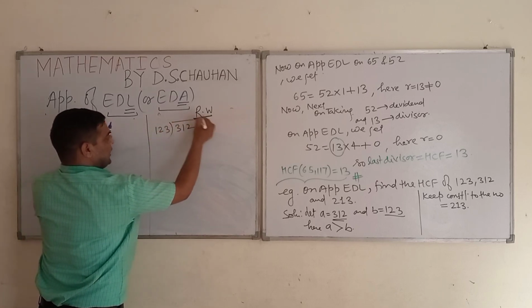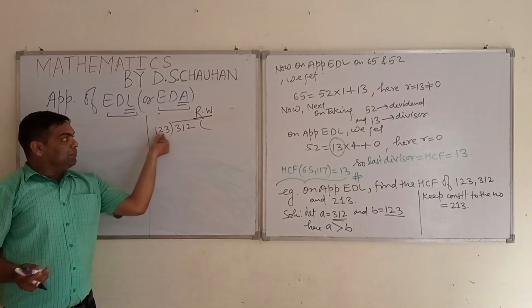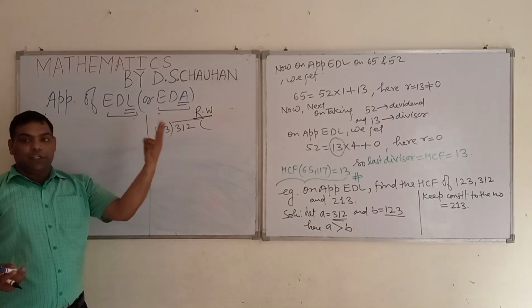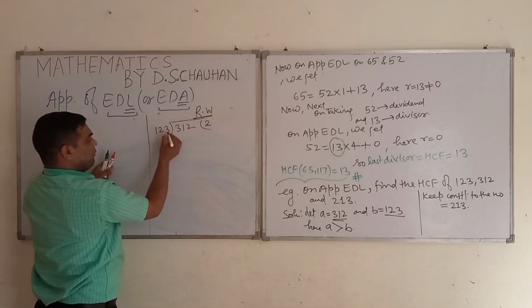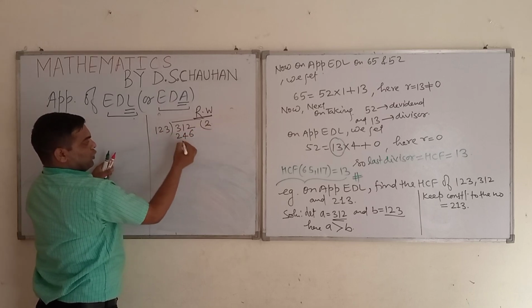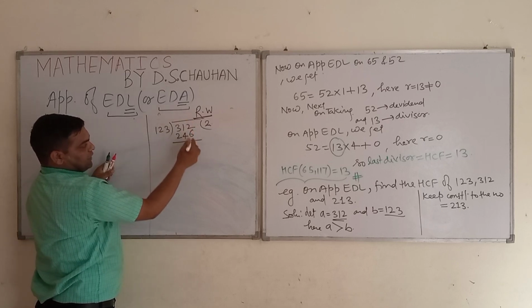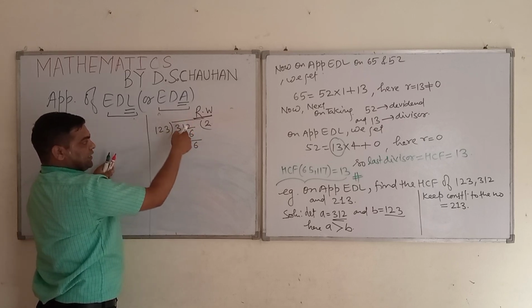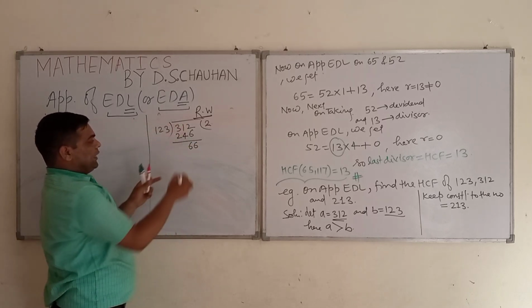How? See, 1 3 is 3, 12 3 is 36, so division will run two times here. 2 3 is 6, 2 2 is 4, 2 1 is 2. Now subtract. You will get 12 minus 6 is 6, and here 0; 10 minus 4 is 6, and here 0.